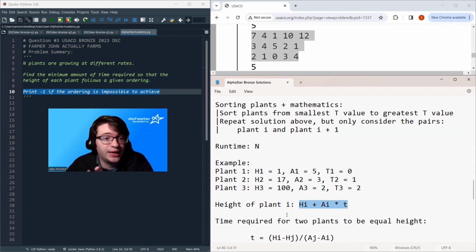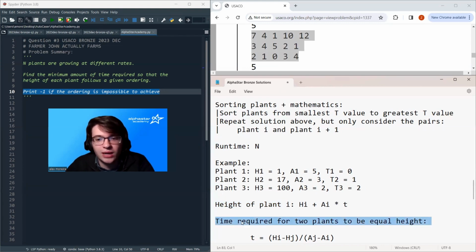The height of a plant at any given time is going to be hi, the height it started at, plus ai, the growth rate, so this is how much it grows each day, times the number of days that have passed. So we take hi, the original height, add the growth rate multiplied by the number of days passing, and that's the height of plant i.